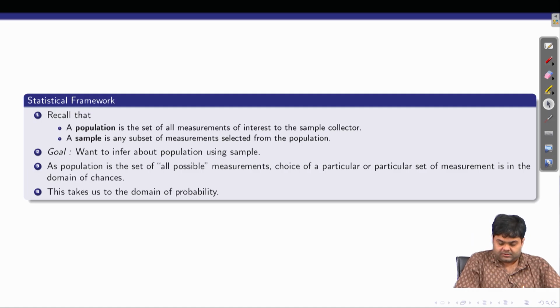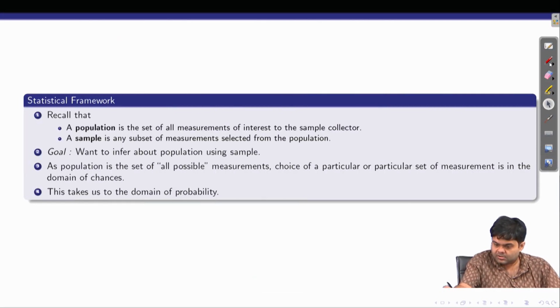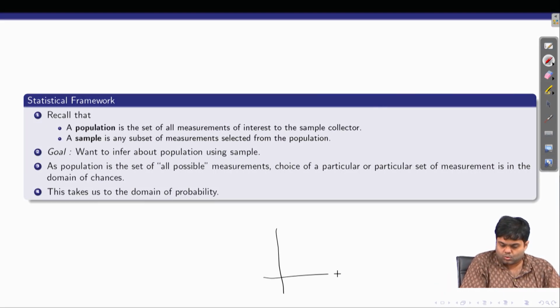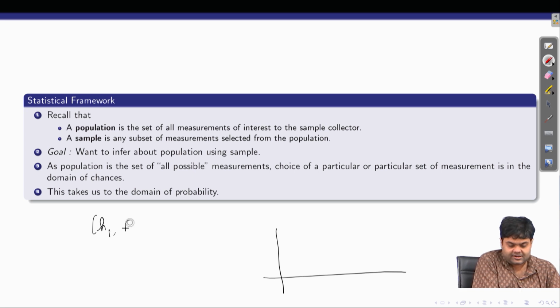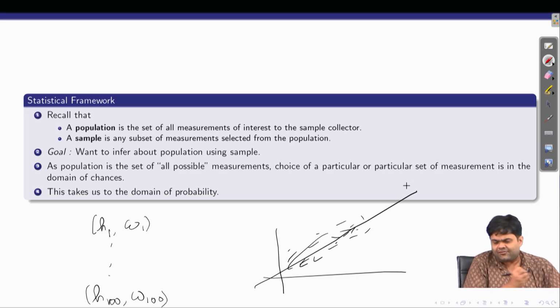Remember, in the second lecture we talked about the height weight example. We were trying to predict relations between height and weight. We collected 100 data points, H1, W1 up to H100, W100, and in very simplistic terms we plotted these, and if it came like this, we said that this is a representative line.